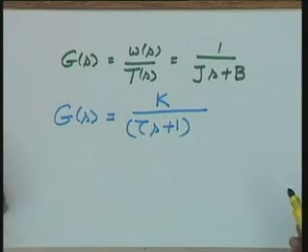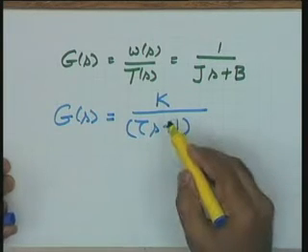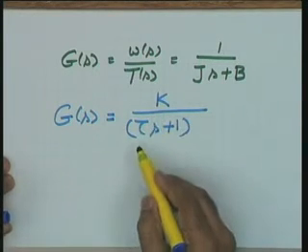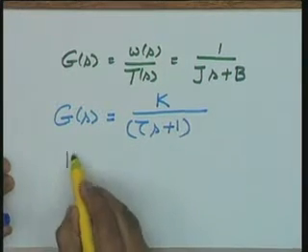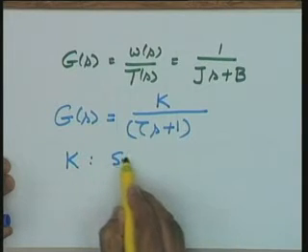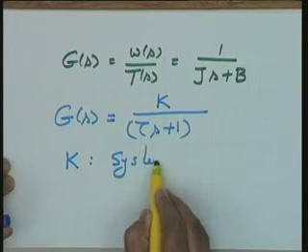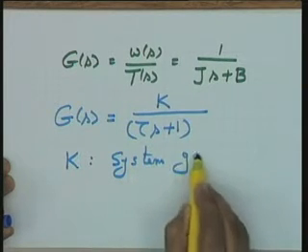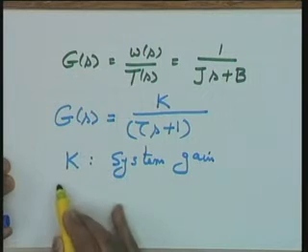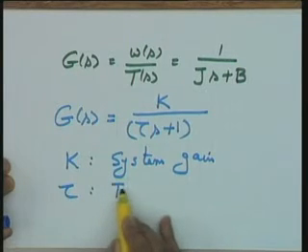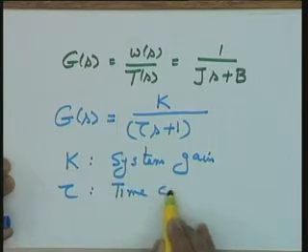This is also a first order expression, but written in a different way, where the parameters now are K and tau. The K is referred to as, it will become clear why this name is given, the system gain, and the tau parameter is the time constant of the system.